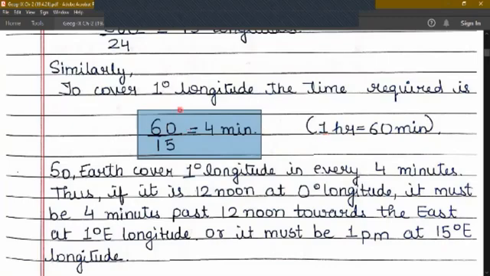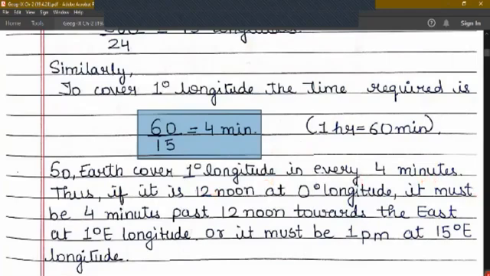So that's why 60 divided by 15 becomes 4 minutes. It basically means that to cover 1 degree longitude, there is a requirement of 4 minutes. So, Earth covers 1 degree longitude in every 4 minutes.